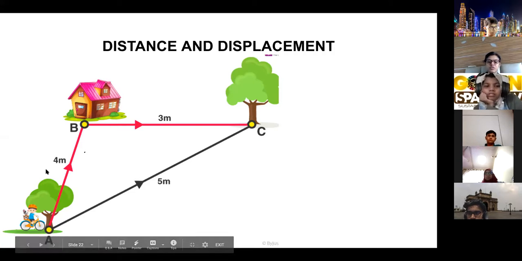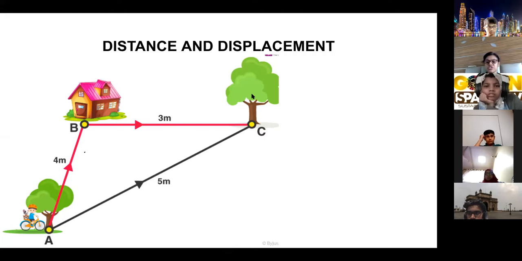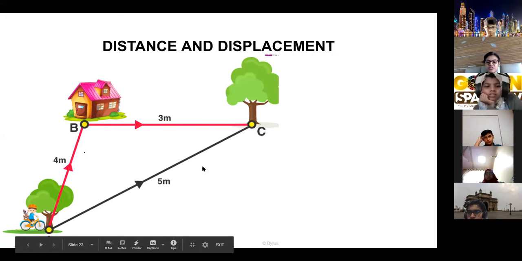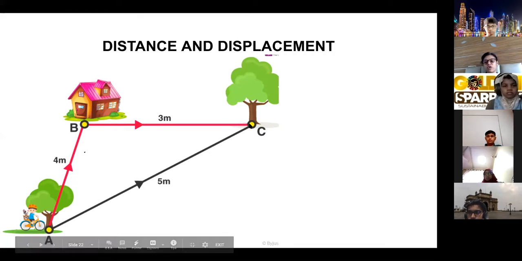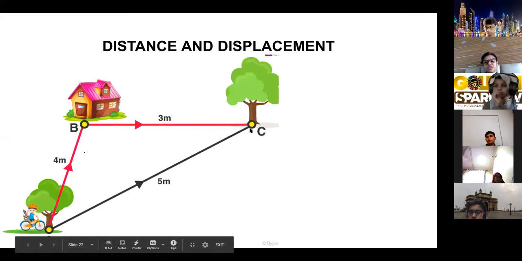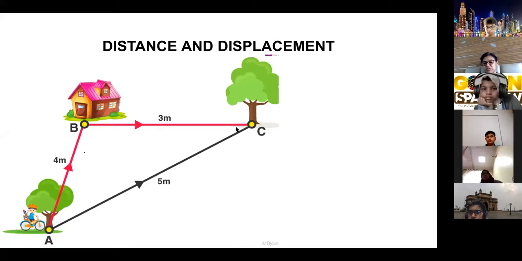This is my initial position, this is the final position, and this is the shortest distance. Although this person has not taken this path, displacement is always the shortest distance between the initial and final position. Here you can see that displacement is 5 meters, but distance covered is 7 meters.